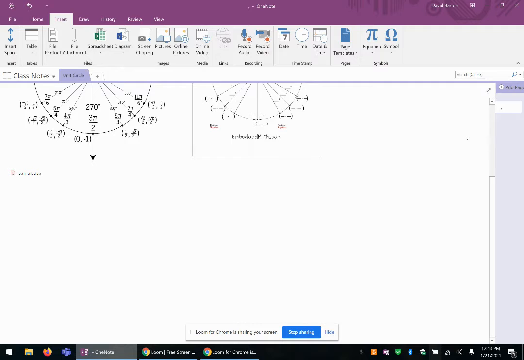So first off, the unit circle. If you'll notice on most tests, I actually ask you to define it. This is a circle centered at 0, 0, the origin, with a radius of 1.